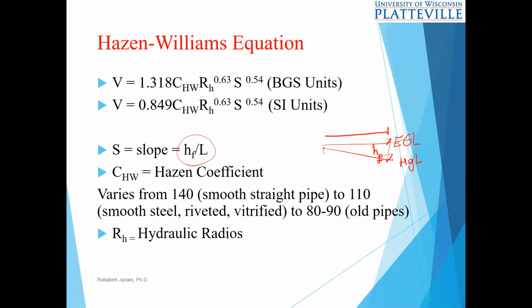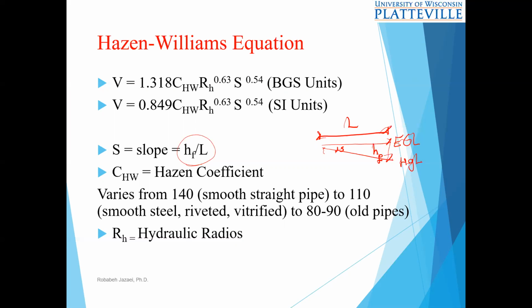If the length is L, this is the slope, head loss over L. C_HW is the Hazen coefficient that varies. There is a table where you can find the Hazen coefficient, and R_H is hydraulic radius.